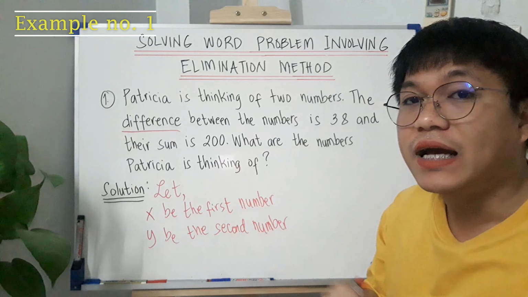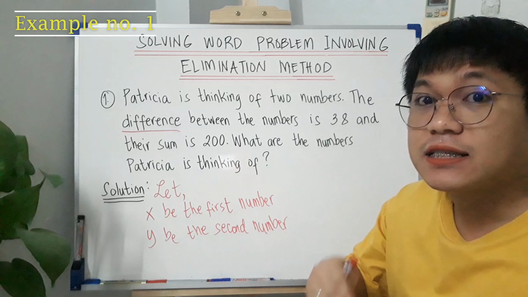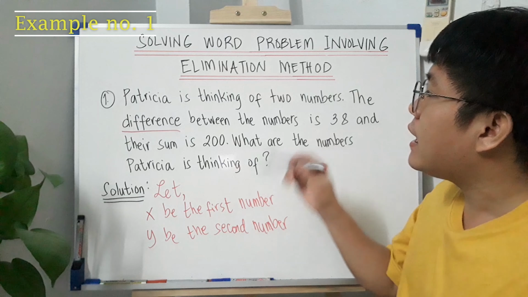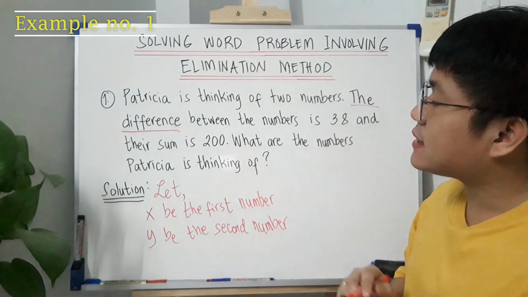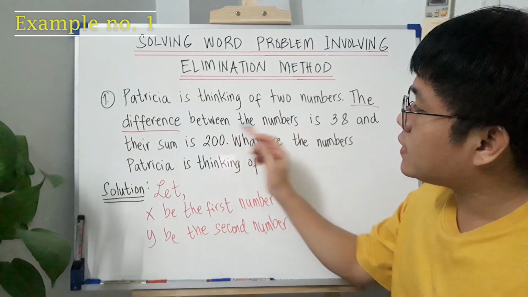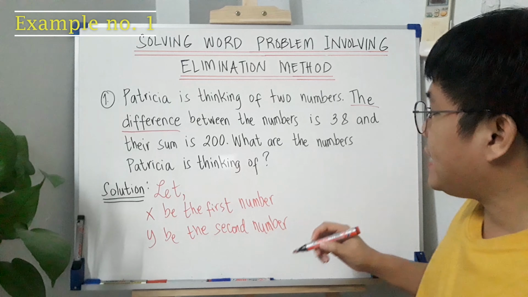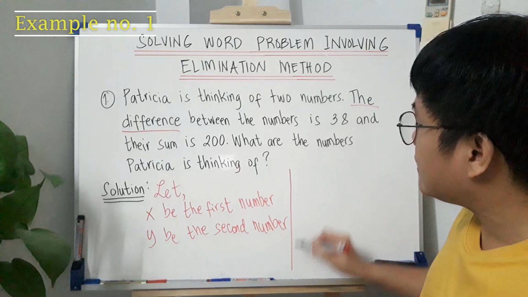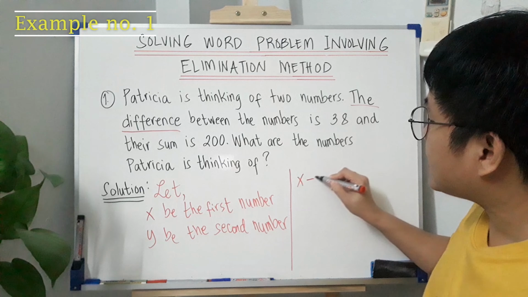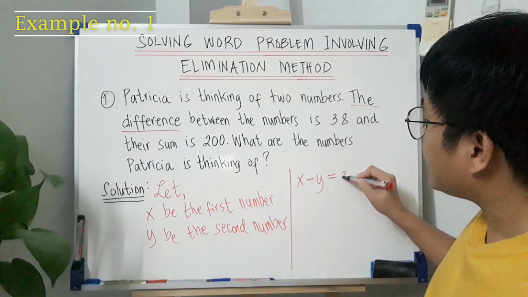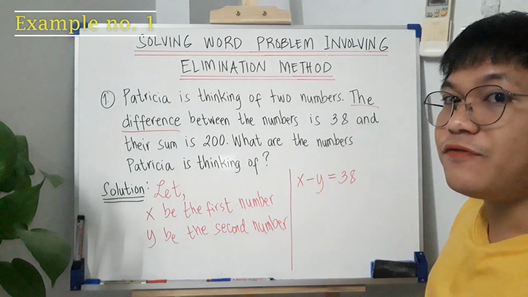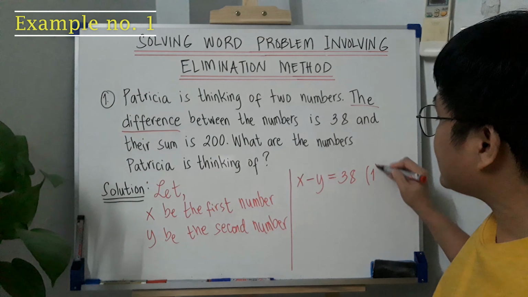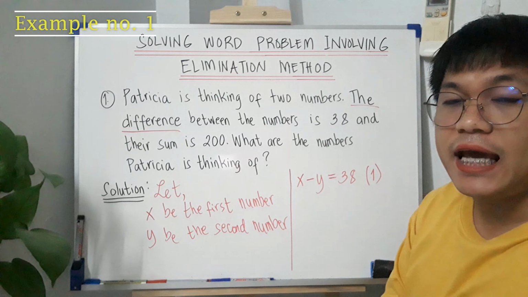If we say difference, that indicates subtraction. So the difference between the numbers is 38, meaning if we subtract the two numbers, the answer is 38. Therefore, our first equation is x minus y equals 38.